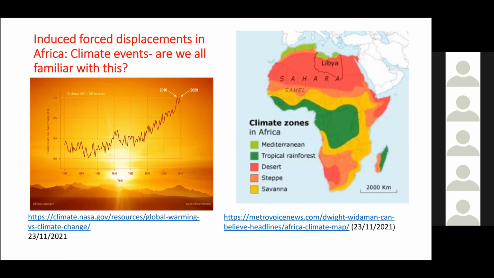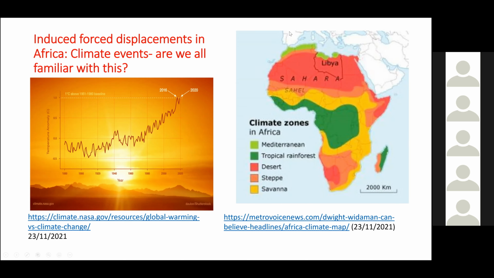So what causes this problem? We see climate events. Are we all familiar with this? I want a volunteer who can read me this graph here. Is there a volunteer?